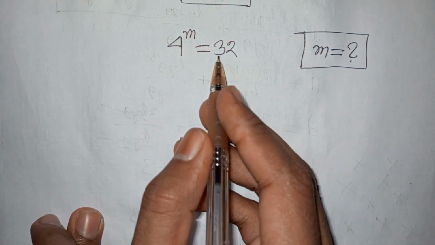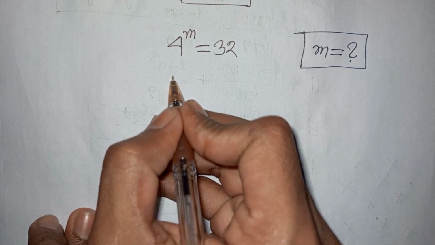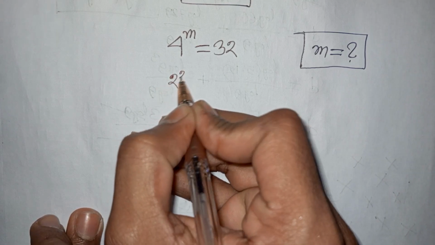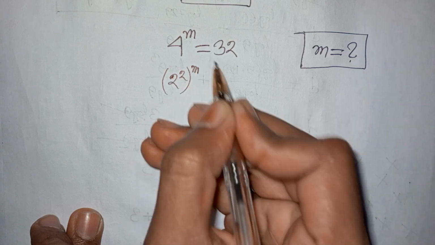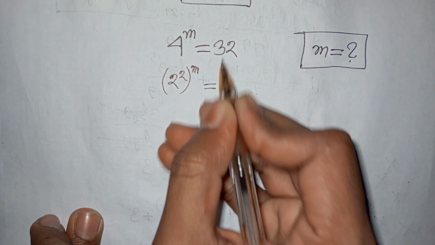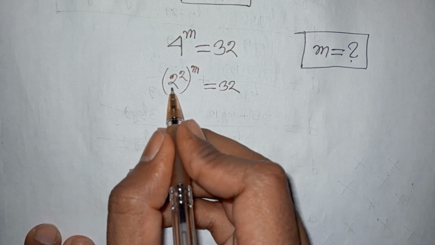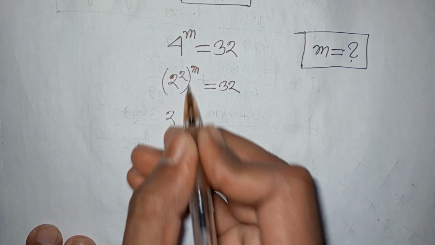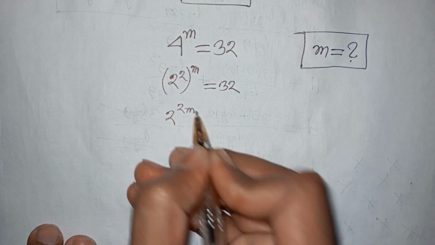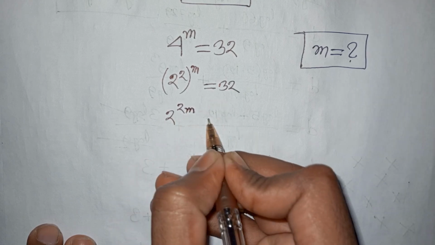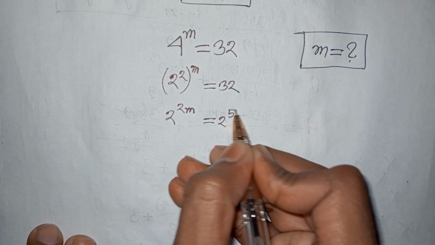4 power m is equal to 32. What is the value of m? So 4 power m is the same as 2 power 2, bracket power m, is equal to 32. Next step, I have 2 power of 2 multiplied by m, so it will be 2m, is equal to 32, which is the same as 2 power 5.